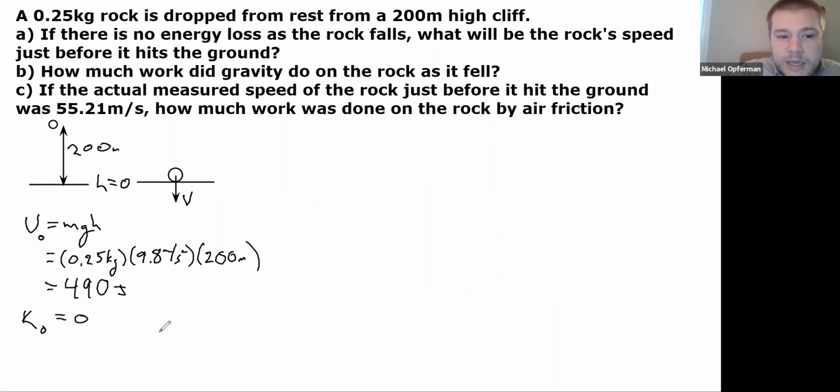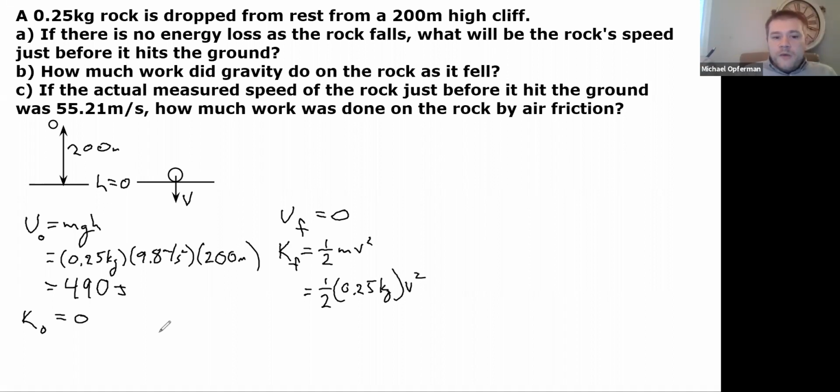For the final state, we're going to have final potential energy is 0 because h equals 0. And we're going to have final kinetic energy is half mv squared, not negative because the direction doesn't matter for kinetic energy. So I can plug in the m here. And then finally, you'll set the initial energy equal to the final energy.